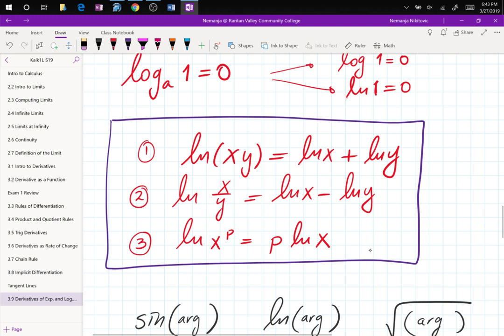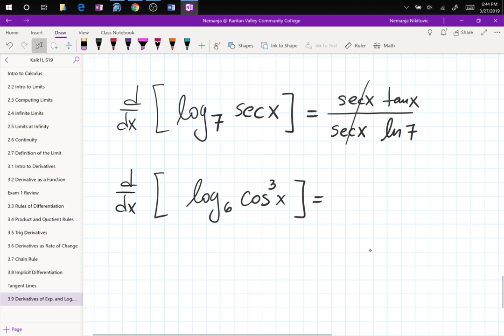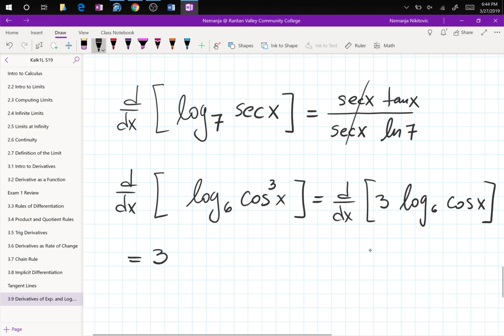So now the first order of business is to kick that 3 outside, keep log base 6 of cosine x, and now simply copy 3. The derivative, we know, is Control C, Control V, right? You put the cosine down there. We have our ln of 6. And then the derivative of cosine is negative sine x. So what is the final thing over here?